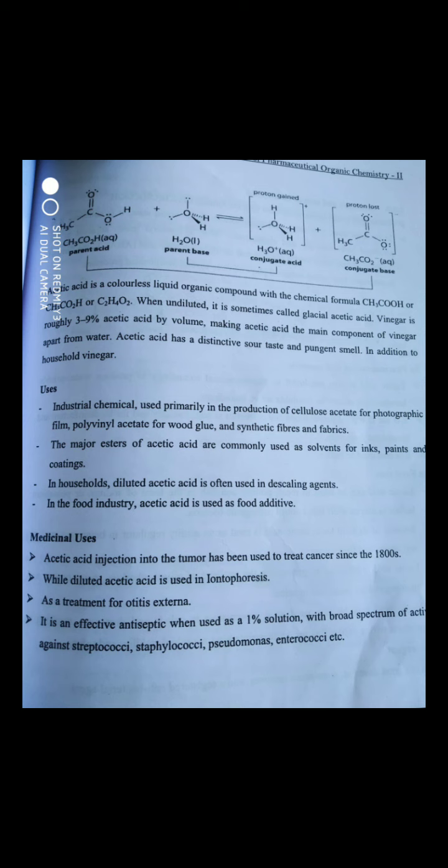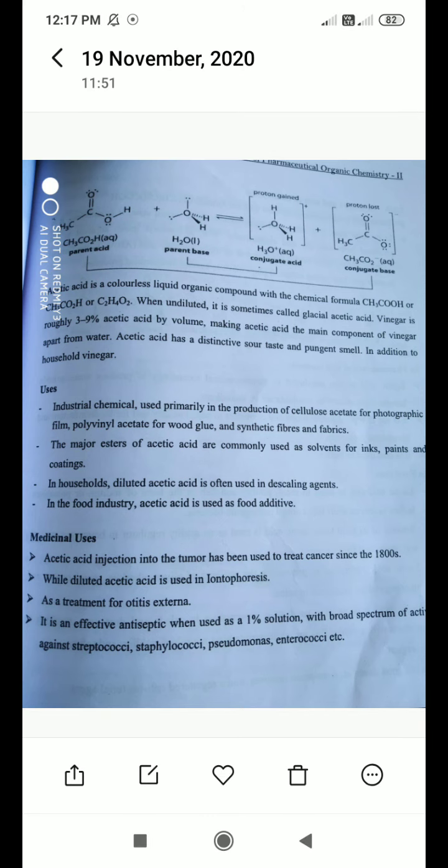After accepting one proton from that acid, this H2O becomes H3O plus aqueous, which is called the conjugate acid, and we will get the conjugate base CH3COO minus. This process occurs with water.